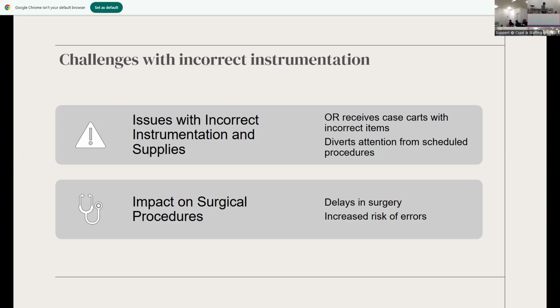Okay, it's better than nothing, right? Some feel that $100 is peanuts.